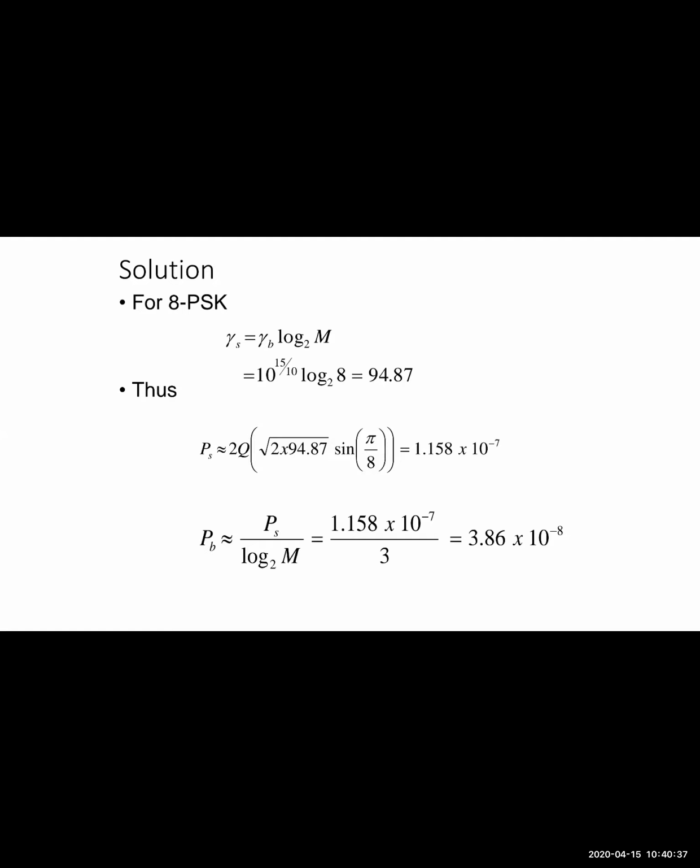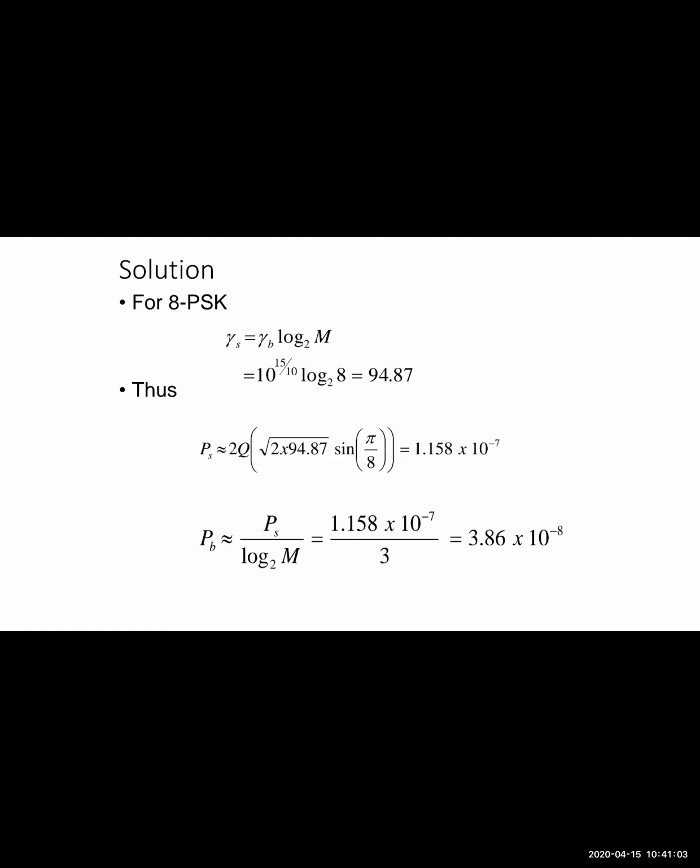So I would say for the technique we are using, the 8 PSK, the probability of error is what we've calculated. Yes. But I want you to put meaning on this for me. The meaning of PB equals 3.86 times 10 to the power negative 8. What does that mean?